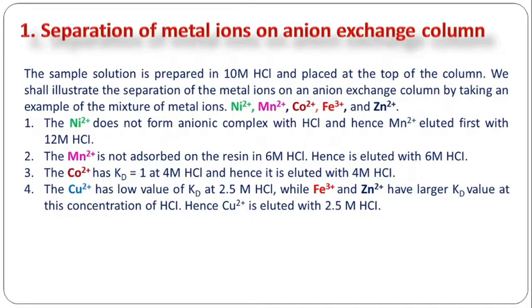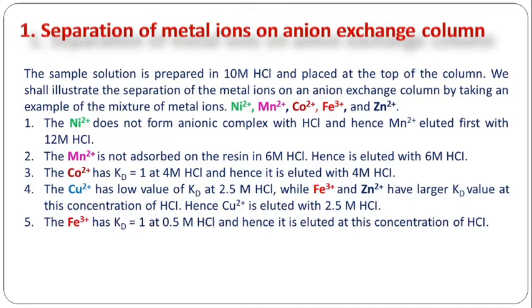Hence at 2.5 molar, Cu2 plus is eluted, because it has a lower value of distribution coefficient, so there is higher exchange between resin and solution. So Cu2 plus comes first, and then Fe3 plus and Zn2 plus, because they have a higher distribution coefficient at 2.5 molar HCl.